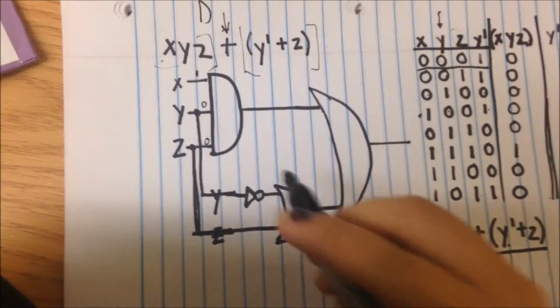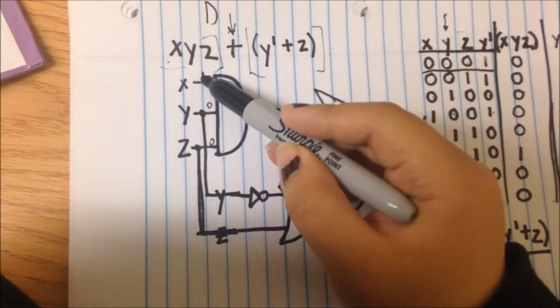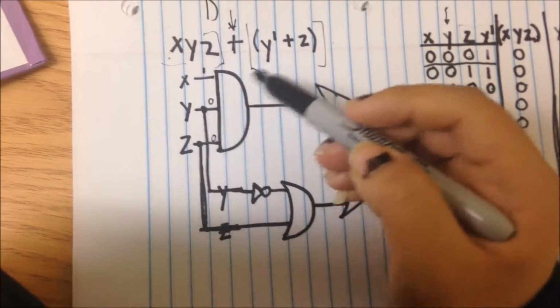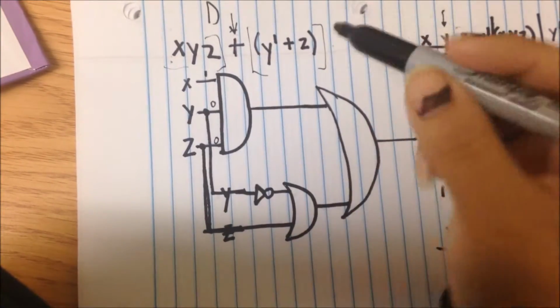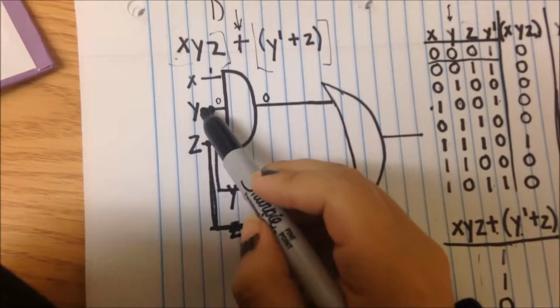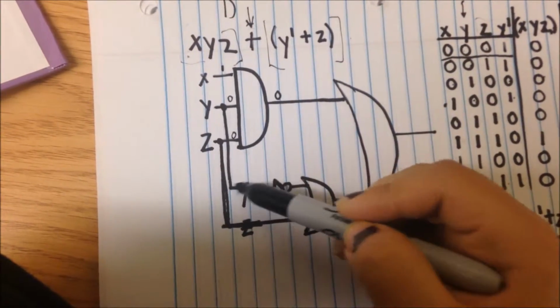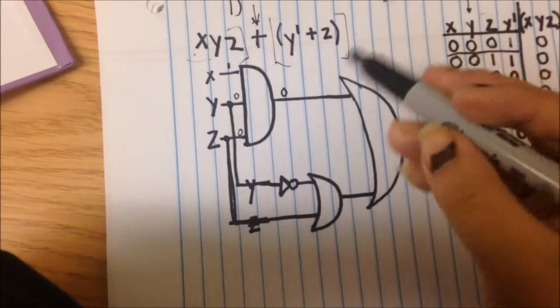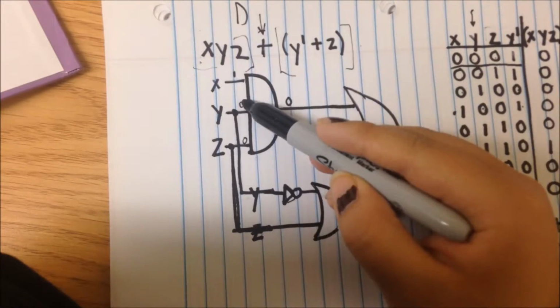Alrighty, so here if you do x times y times z, then what is your output? Well, that's just 0. Now, since y over here is 0, and we brought it down here and all the way over here, guess what? It's your NOT. So take the opposite of 0.